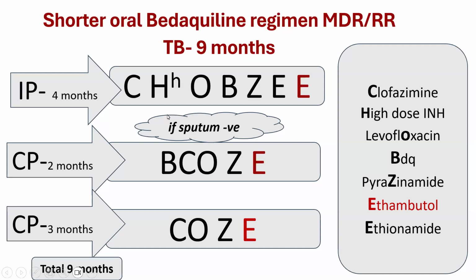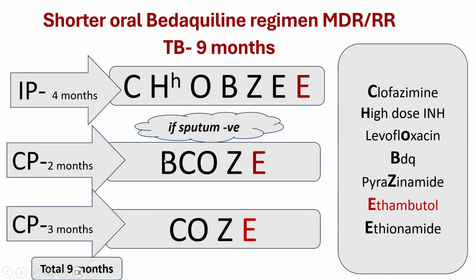Suppose at the end of 4 months, if sputum is negative, we can go for another 5 months. Bedaquiline, clofazimine, levofloxacin, pyrazinamide and ethambutol; the ethionamide and high dose isoniazid are removed. For the first 2 months BCLZE, then for another 3 months bedaquiline is removed, only CLZE.